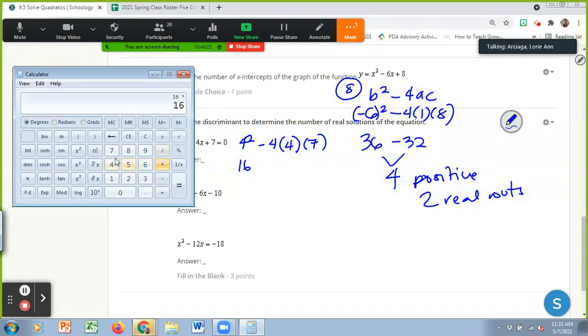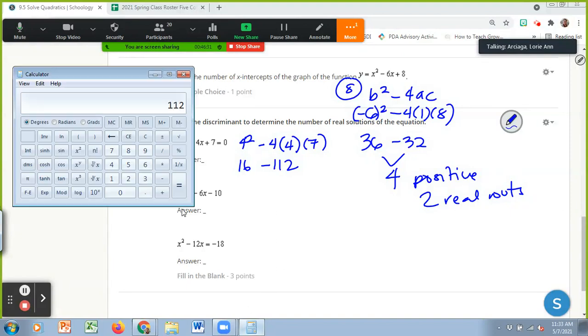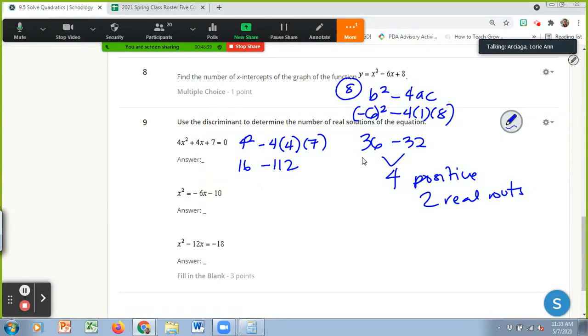I'm going to times it by 7. 112. And then what is 16 minus 112? If I take away 16, it's 96. But it's going to be negative 96, right? Because you take the sign of the bigger number. So if this is negative, then that means no real roots, meaning it doesn't cross your x-axis. Pretty much no solution.